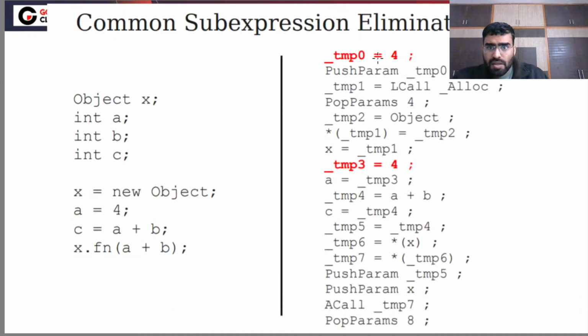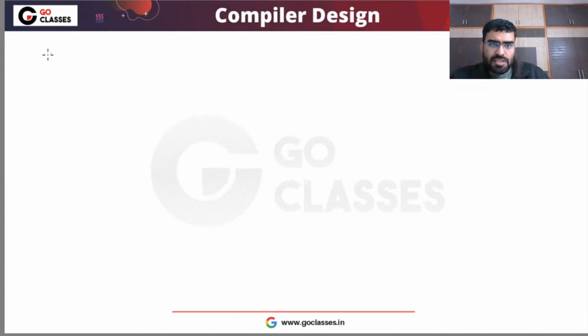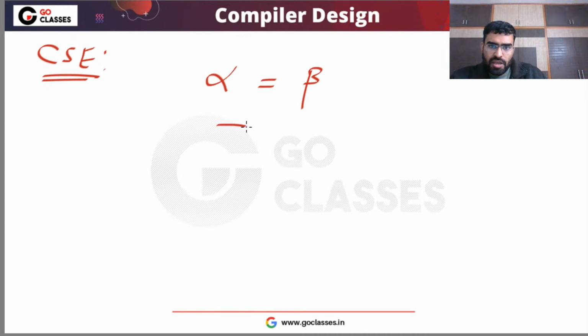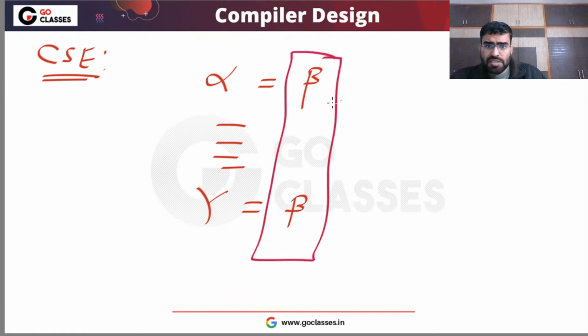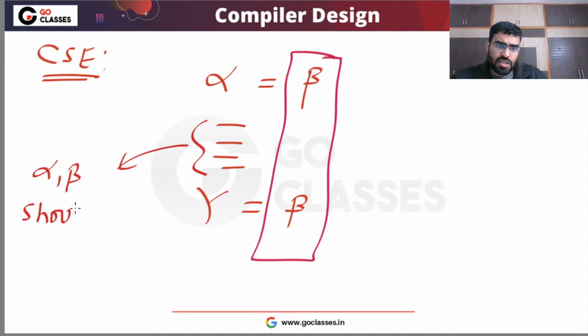Similarly, this is also common subexpression elimination. Remember, it is simply like this: you have something here, alpha, and here you have gamma, and here you have beta. Alpha and beta should not change in this area.